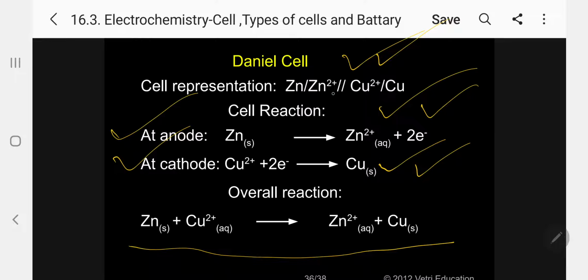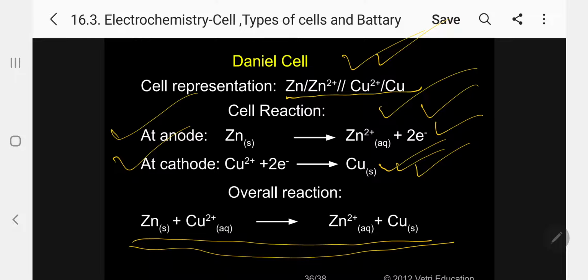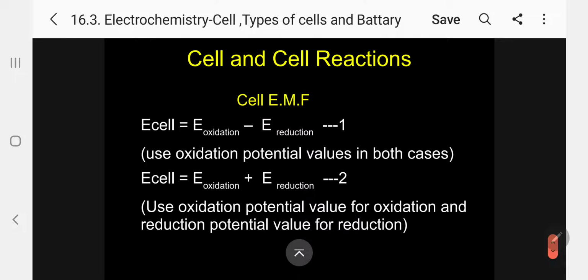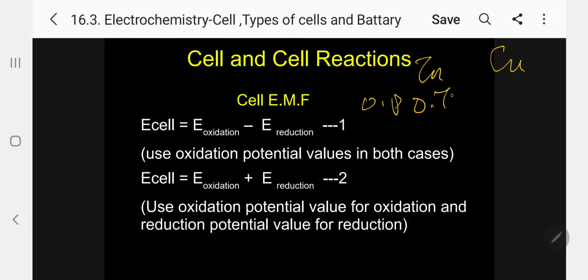You must know how to represent the cell, how to represent the overall reaction, and the single electrode potential and single electrode for oxidation and reduction. Now, the most important information I want to give here, my dear students. Let me take zinc and copper now. The oxidation potential is 0.76, the reduction potential 0.34.